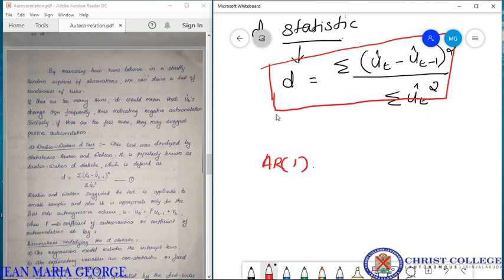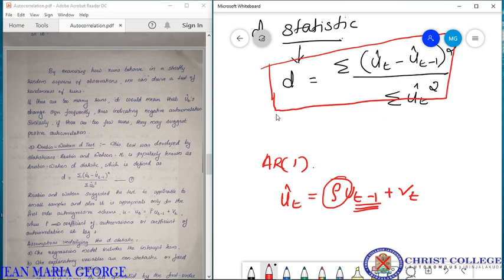In the previous sessions we have dealt with this AR1 scheme. That means the first order autoregressive scheme, that is, our error term u t is equal to rho u t minus 1 plus v t. Rho is nothing but the coefficient of autocovariance or coefficient of autocorrelation at lag 1. t minus 1 is the lag here. t is the current time period, t minus 1 is the previous period.